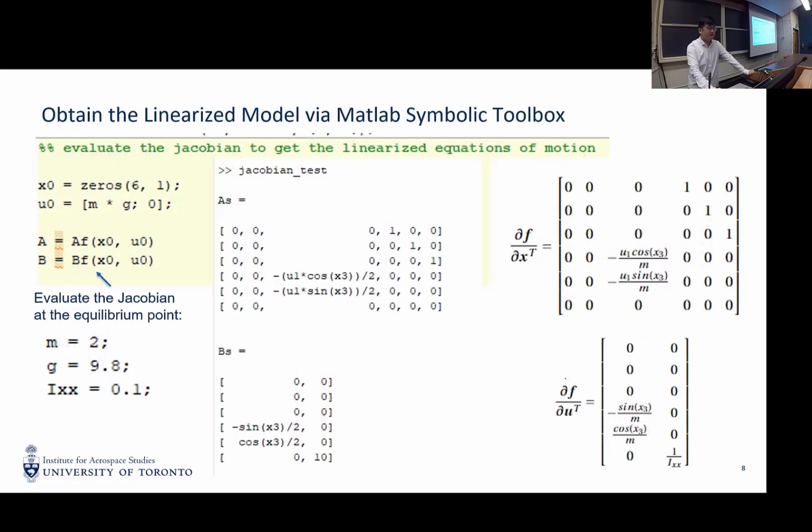I also presented some ways numerically or symbolically using MATLAB to obtain such a linearized model. For example, you can use a symbolic toolbox in conjunction with the Jacobian function to get the final result in the symbolic format. And then you can evaluate this symbolic format at the equilibrium to get the corresponding matrices.